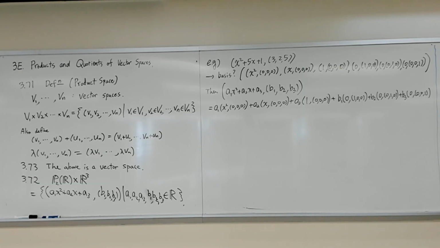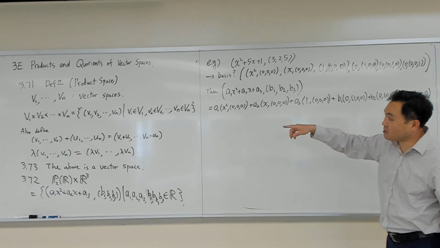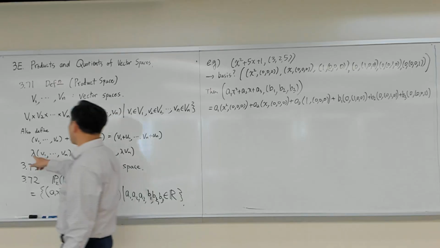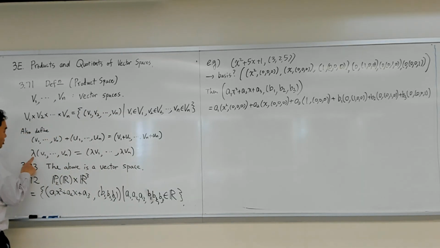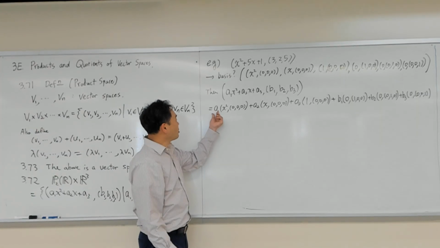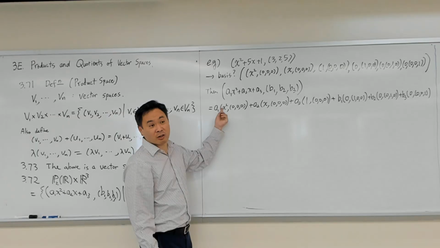Let's see if you are following my logic here. Right? It's true, because if you just do the scalar multiplication that we defined, well, I erased it, but it's here. The scalar multiplication that we defined means whatever you multiply in front, you just multiply to each individual one. So when a1 is outside, you can bring it inside and make it a1 x squared.